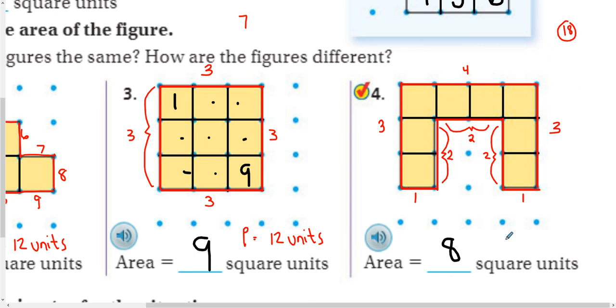All right, so our perimeter here is going to be 18. So that is the difference. All right, keep it in mind. So the perimeter on the outside is 18 units. Inside for this one is going to be 8 square units. All right, these square units inside here are the same.